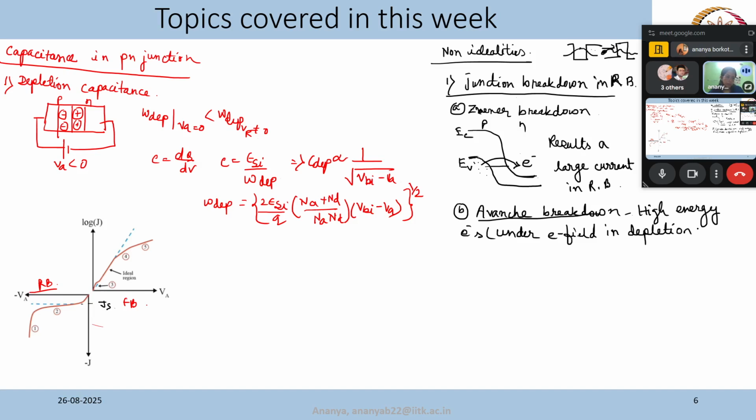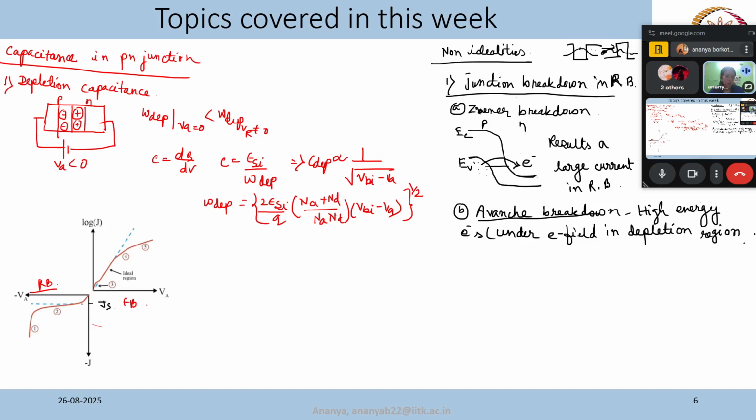You know there is this inbuilt electric field, and when we apply a bias, that adds another electric field, and in reverse bias the overall electric field is higher. So electrons get very high energy due to this electric field.